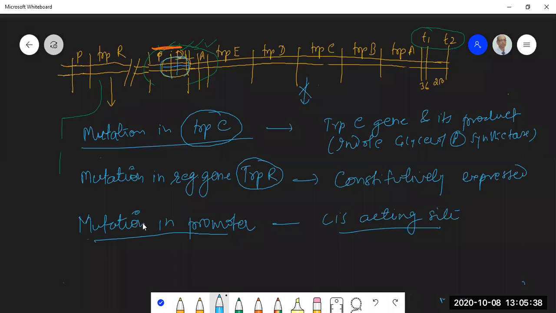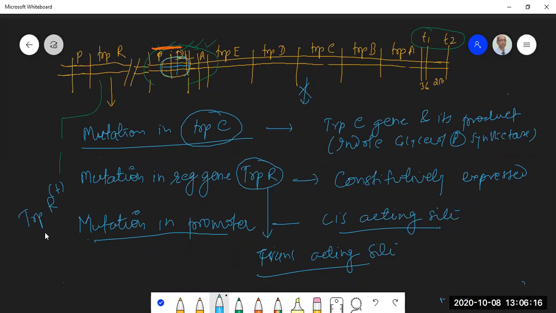If there is a mutation in trpR, as we have seen, it is going to be constitutively expressed. But suppose you make it partially diploid by adding a wild-type trpR, then what is going to happen? The original wild-type situation is going to be restored, because trpR is a trans-acting gene.